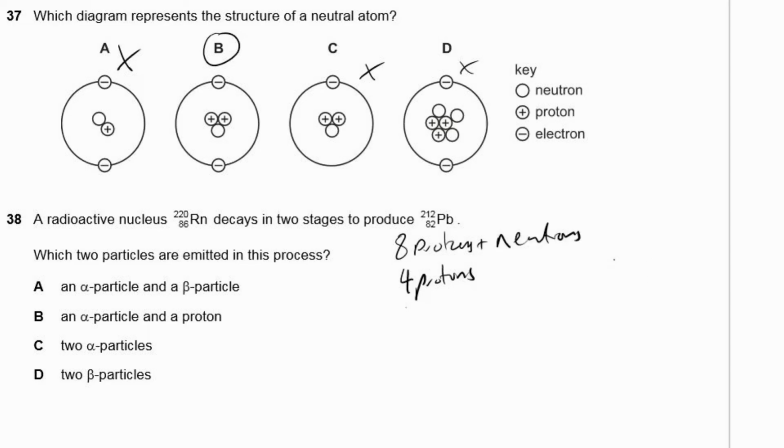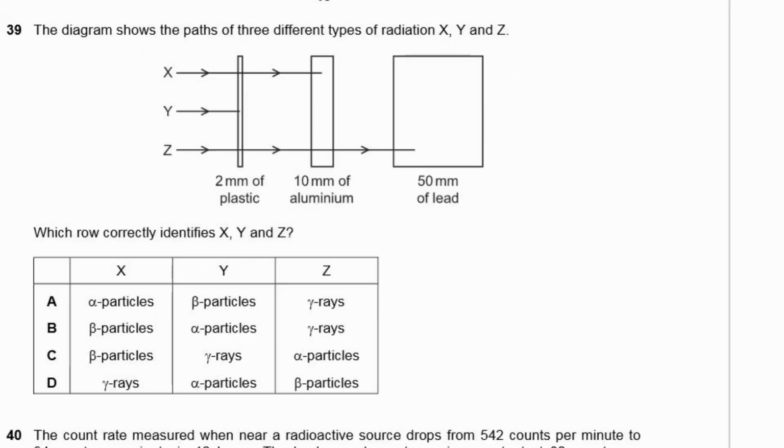What that means is we've lost 2 alpha particles, because an alpha has 4 protons and neutrons and 2 protons. So all that's happened here is our radon nucleus has decayed twice through 2 alpha decays to produce lead. And that is option C, 2 alpha particles.